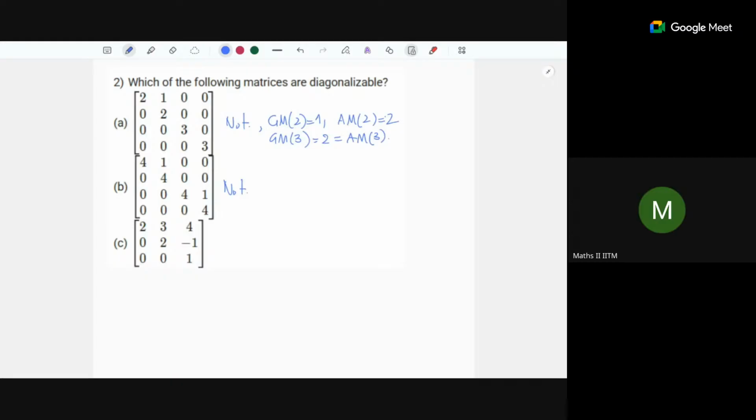Yeah, how do we find it usually? Just follow that. So for geometric multiplicity of 2, this is A minus 2I, right? We need to find out the dimension of the nullity. This has to be equal to the algebraic multiplicity or not. So what is this A minus 2I?